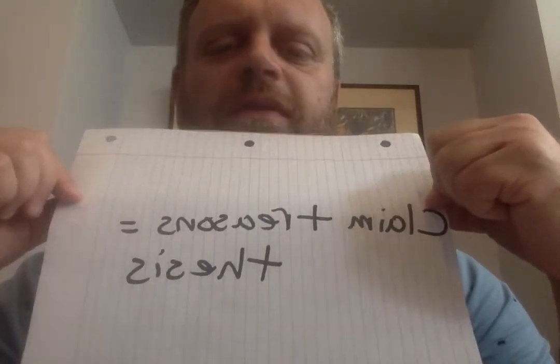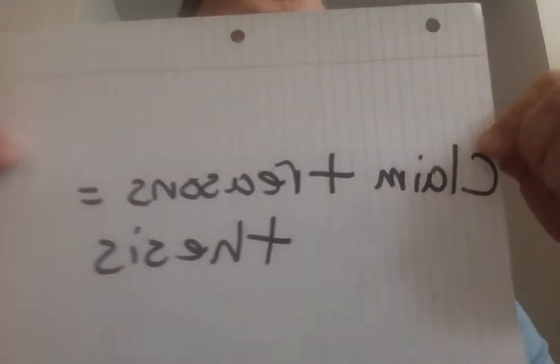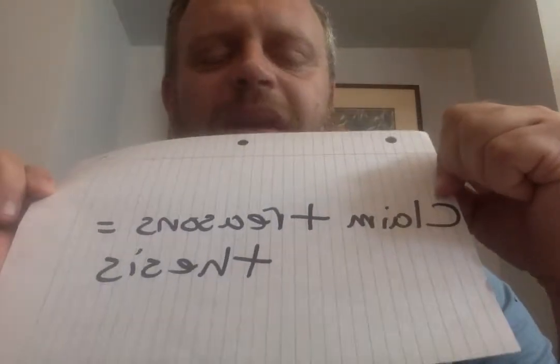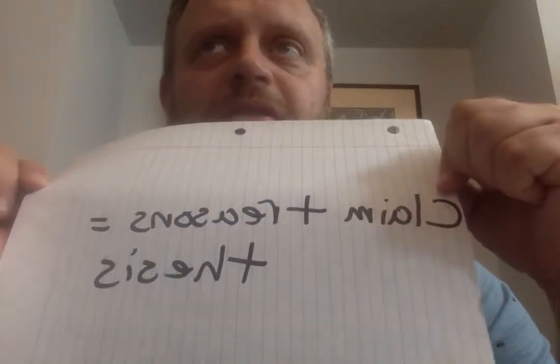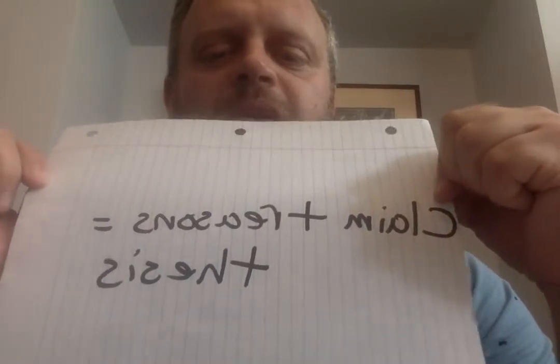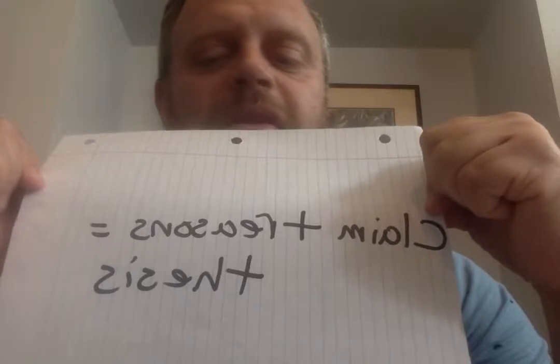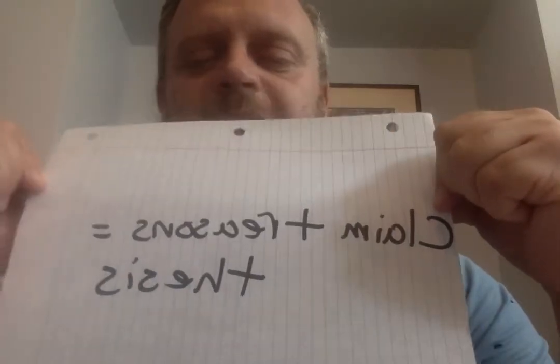Now that I see it, it might be backwards to the viewer, but it wouldn't be on the whiteboard. Anyways, you take your claim, which is basically like an answer to whatever it is you're trying to prove, and then you add in some reasons or how you're going to support your claim or answer, and then you end up with a thesis statement at the end.